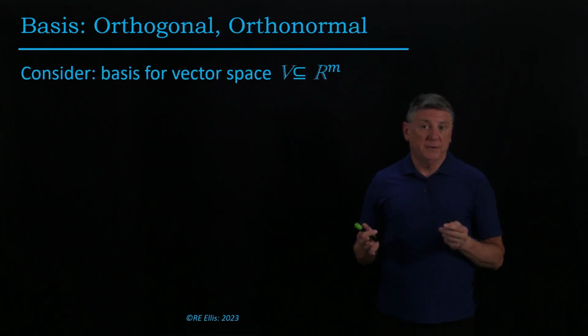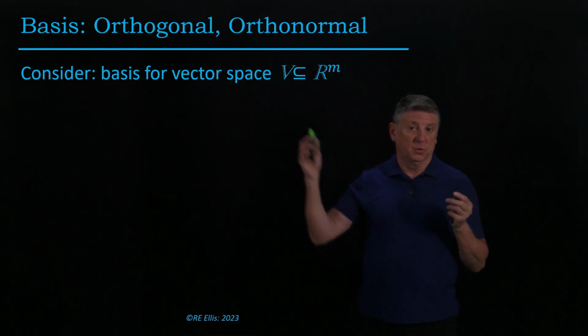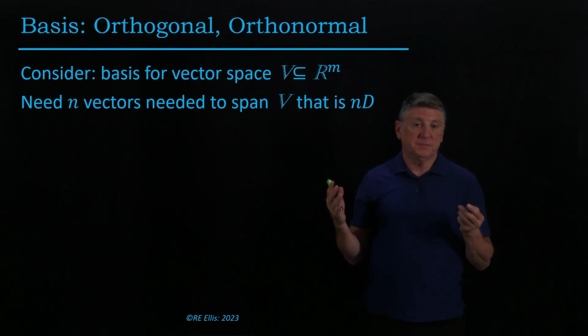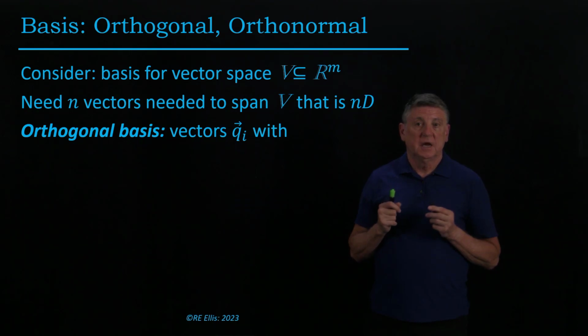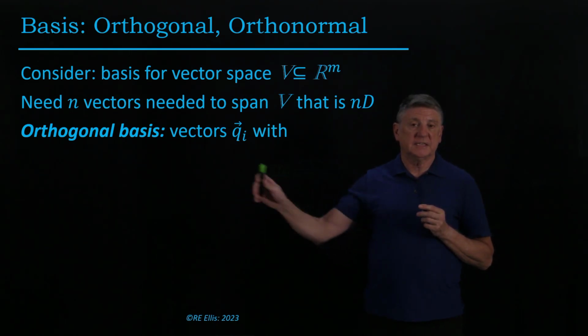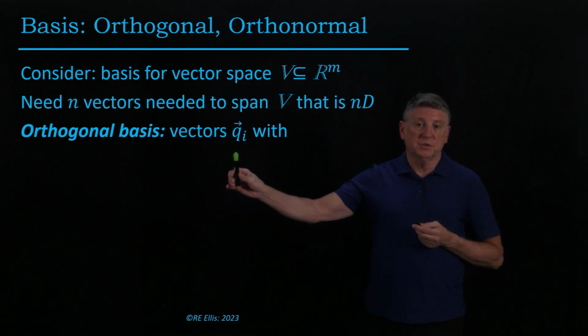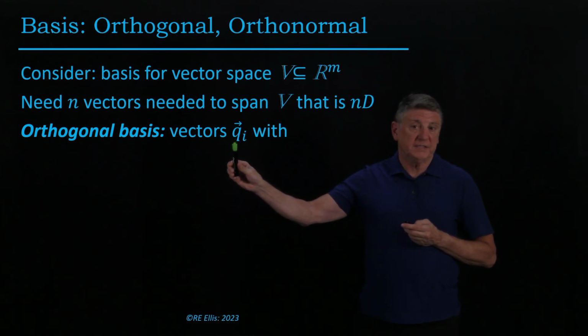An orthogonal basis set is one. So suppose we have a basis for our vector space. We need n of these basis vectors to span a vector space that is n dimensions. An orthogonal basis is a set of vectors, and in subsequent courses we'll prefer to use the symbol Q for basis vectors.